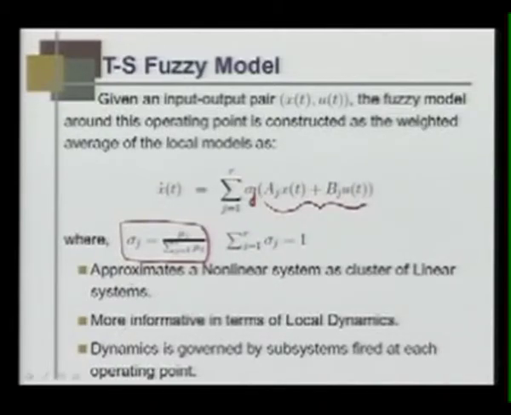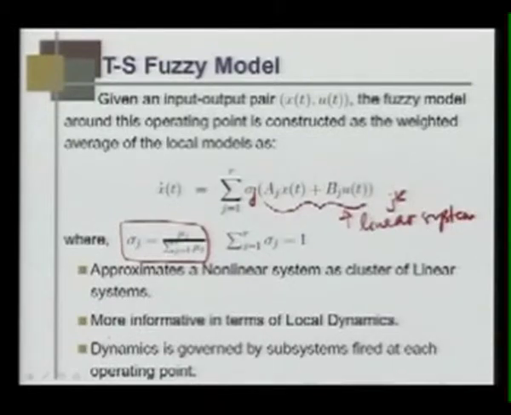So, a TS fuzzy model approximates a nonlinear system as a cluster of linear systems. So, this is my jth linear system, sigma j is the normalized fuzzy index associated with the jth linear system, and if I fuzzy cluster these r number of linear systems, then I get the approximation of a nonlinear system.